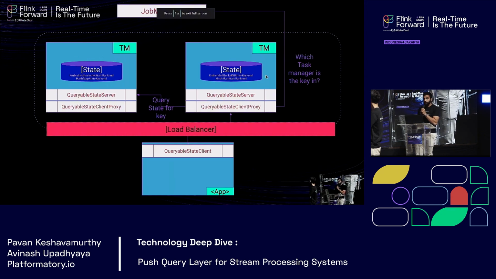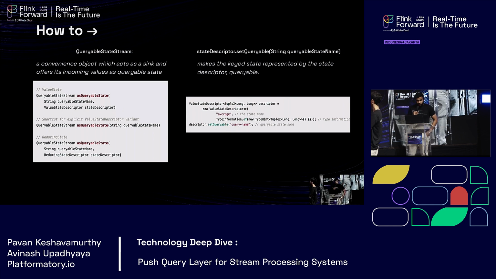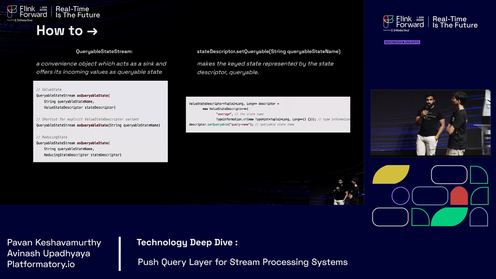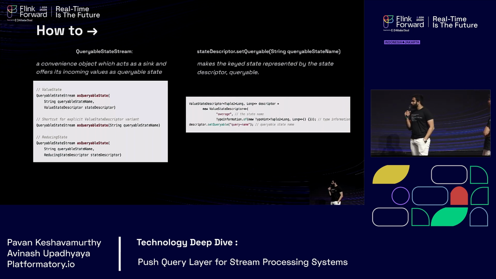some of the internal implementation. So we just looked at how we query the state store with one of the examples that we had. But there's actually more than one way that you can do it. There are a couple of options on how to make a state store queryable.